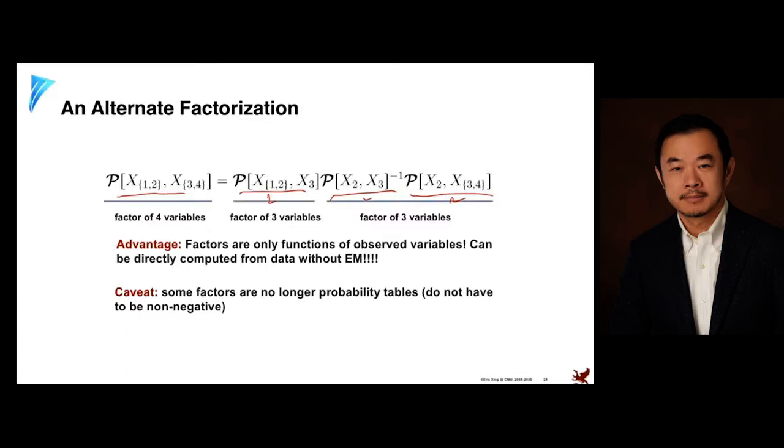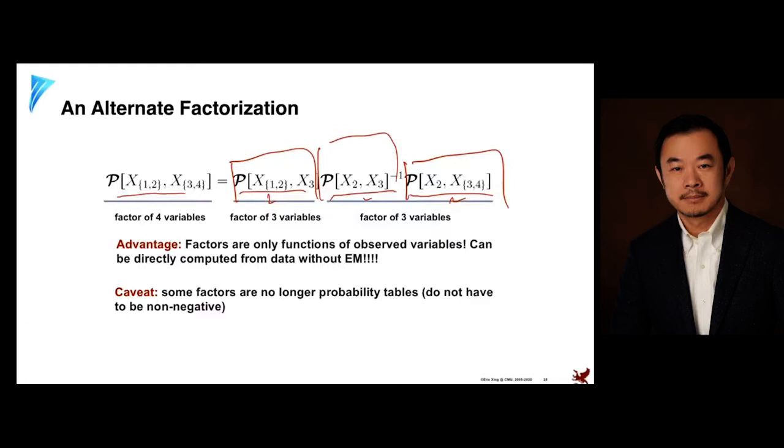There is a caveat in this, as I said here, that even though these two matrices have this nice property of being a joint of 3 random variables, but this one is an inverse of a joint of 2 random variables. So the inverse of a probabilistic table gives you something that does not even have to be non-negative.